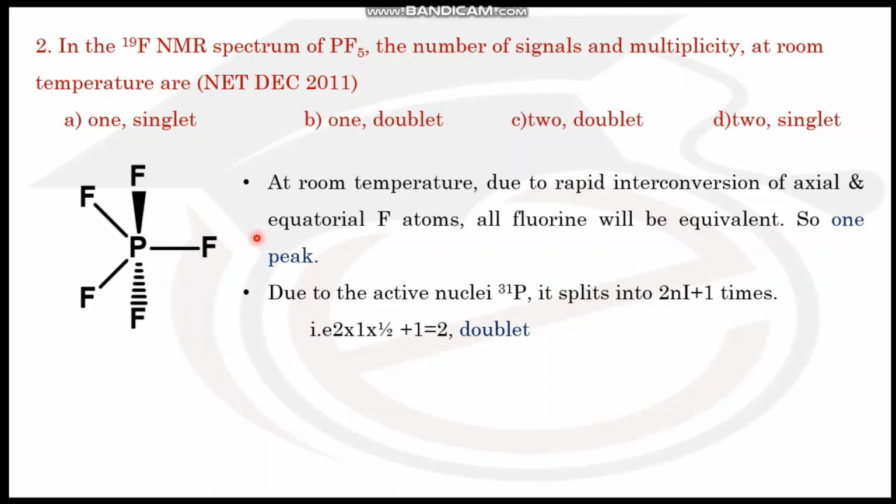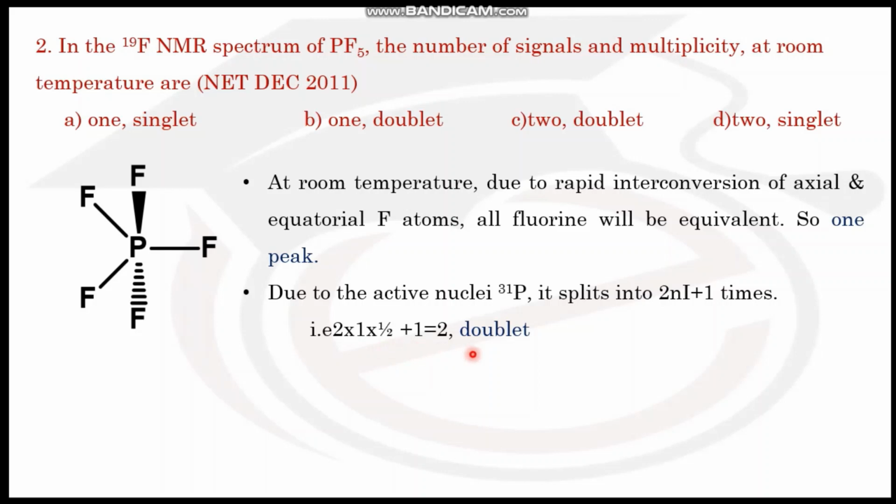And how will the splitting happen? Here all the fluorines are attached to phosphorus, and phosphorus is an active nucleus with a spin of 1/2. So the fluorine signal will split due to phosphorus into 2nI+1 times, that is 2 into 1 into 1/2 plus 1, which is 2.